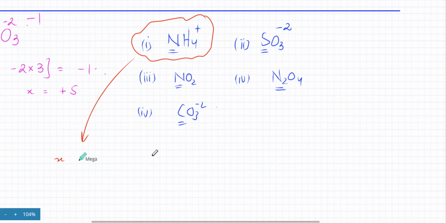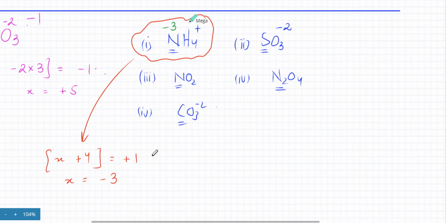That's an unknown, that's X. Hydrogen is +4, right? So the total charge on the whole thing is what? +1. So what is X? It was -3. Okay, so N over here is -3.